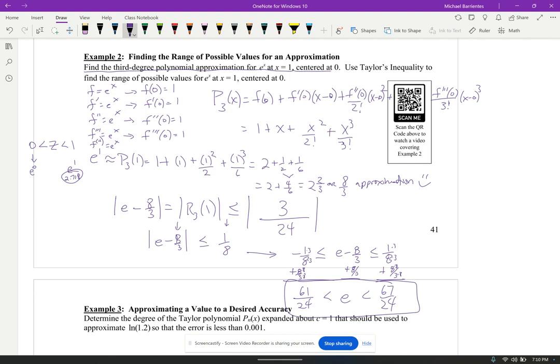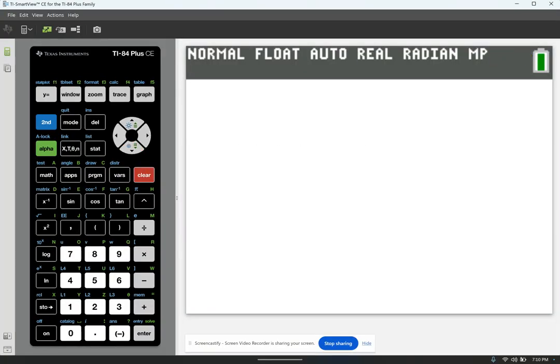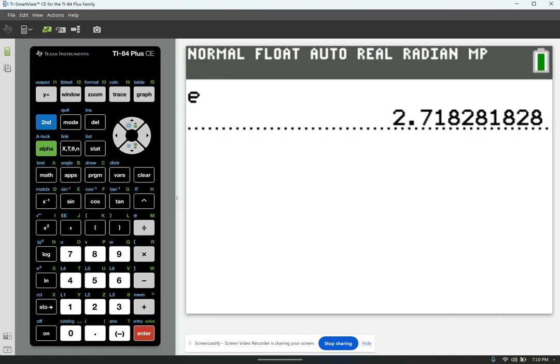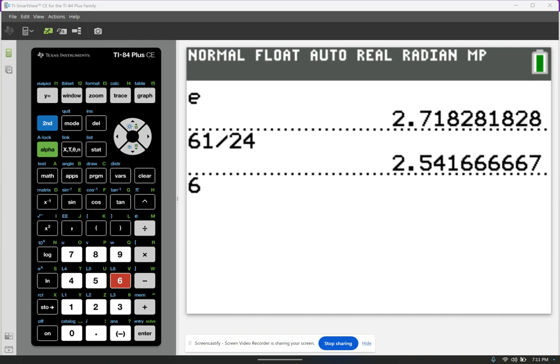Right? So let's double check that. You and I both know that you can find e on the calculator here. So this is the actual value. We're saying that this number has to be between 61/24 and, was it 67?